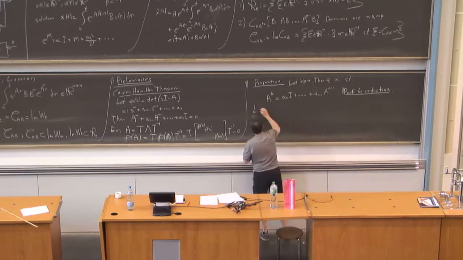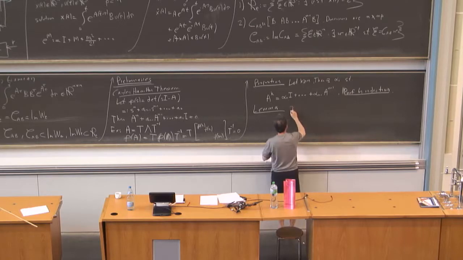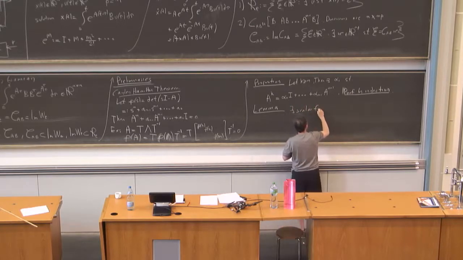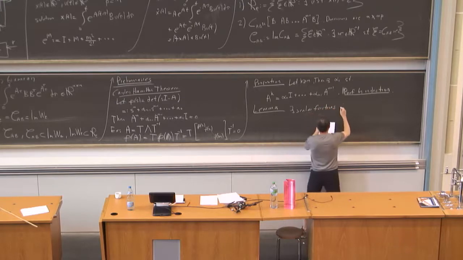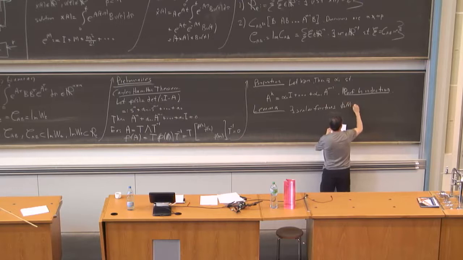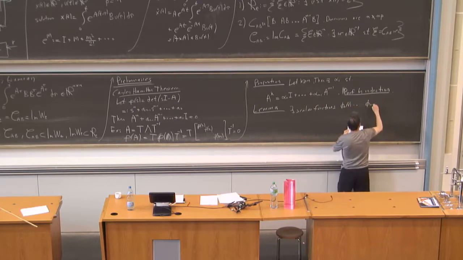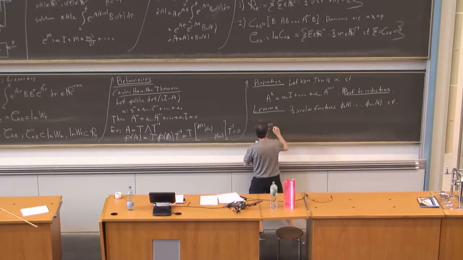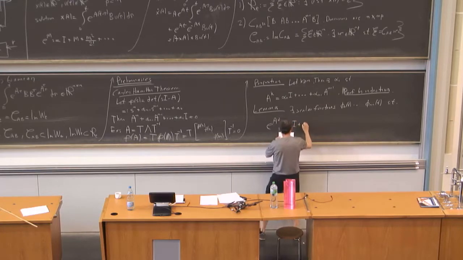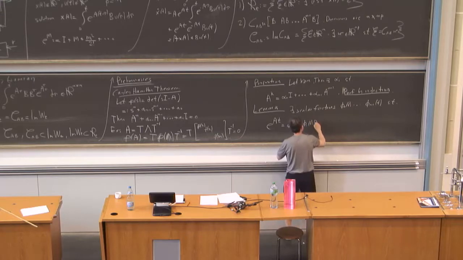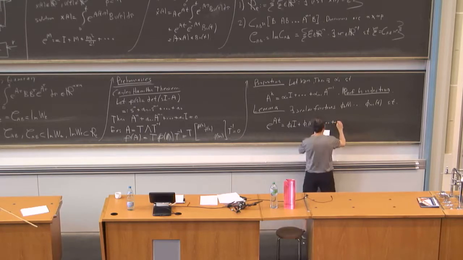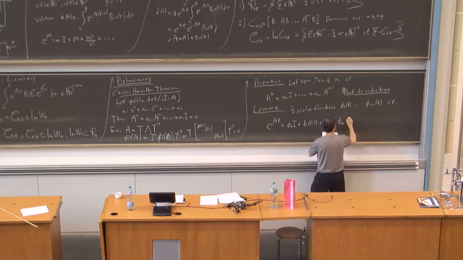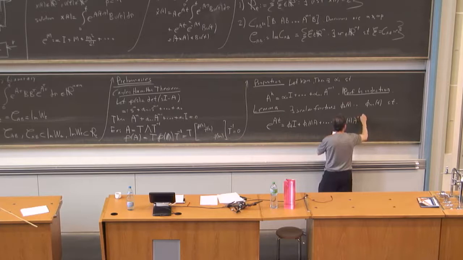Once I have this proposition, here's the lemma that we wanted to work our way towards: there exist scalar functions phi 0 of t all the way to phi n minus 1 of t, such that e to the A t is equal to phi 0 I plus phi 1 of t A plus dot dot dot plus phi n minus 1 of t A to the n minus 1.